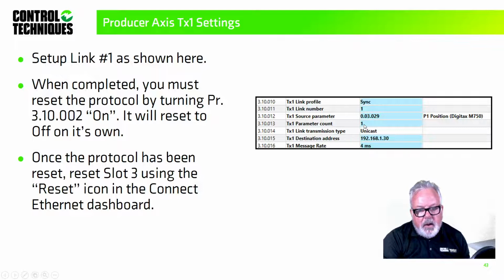That's the only parameter on this link. And because I have only one drive in my network, I'm going to send that as a unicast message to my subscriber. And again, the minimum practical message rate for base drive, factory fit modules, is 4 milliseconds. So that's how I'm going to configure my transmit link.